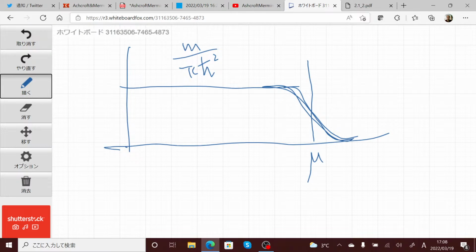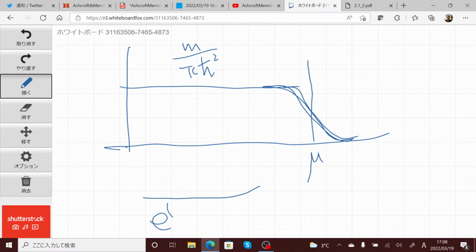That's the density of states, density of levels, right? So then we integrate. This is a constant. We just integrate the Fermi function. Fermi function is something like this.